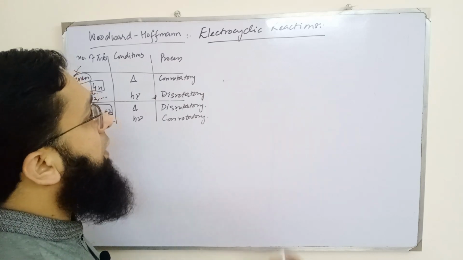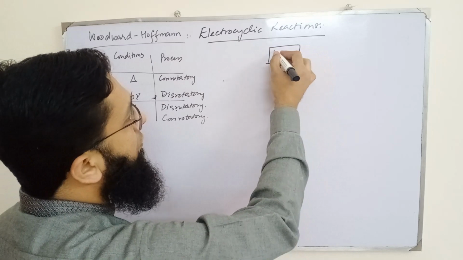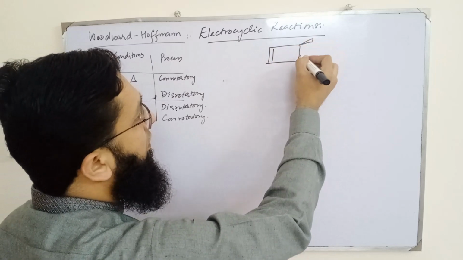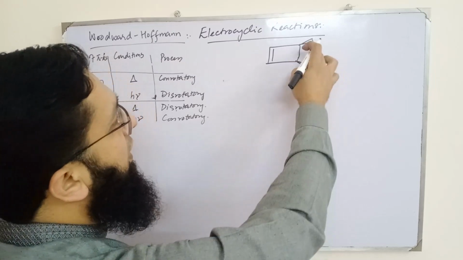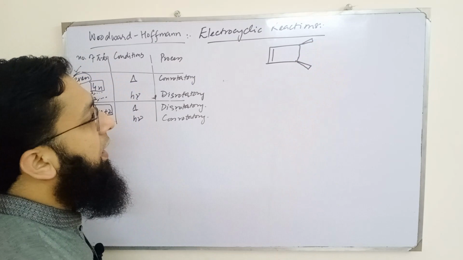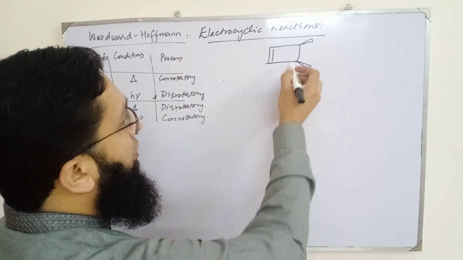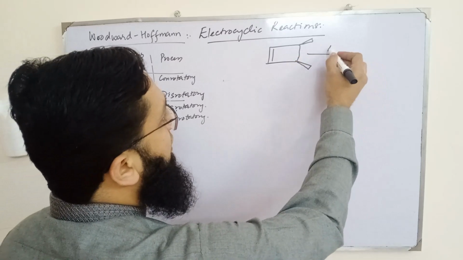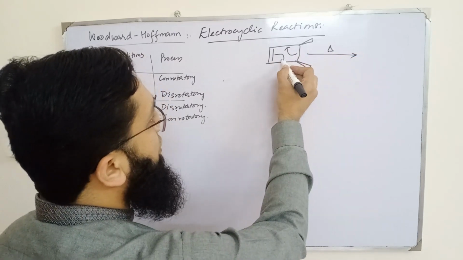Okay, now to elaborate the stereochemistry of molecules, we take the example of this molecule. Here we can see there are two methyl substituents on chiral carbons, and they are both on the upside of the plane. Now in a ring opening reaction under thermal conditions, this bond would shift here and this would shift here.